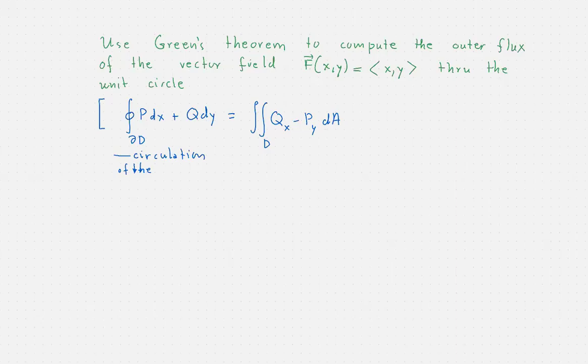P comma Q. Now, the interesting thing is that to a vector field, we can assign different quantities that are expressed through vector line integrals. And one of them, which is slightly different, is the outer flux.